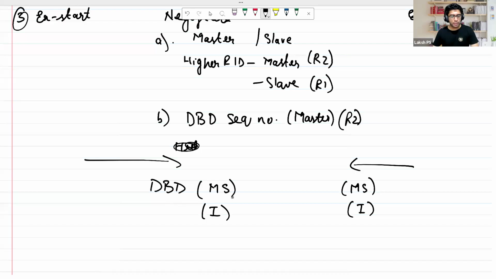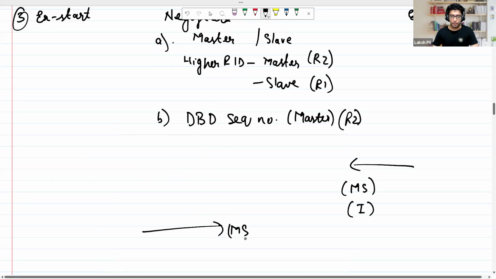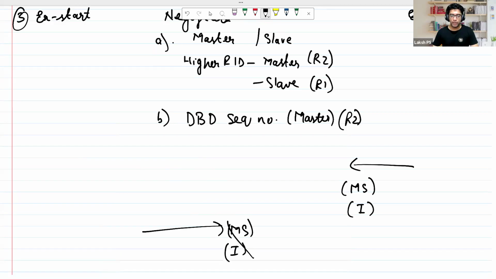But when R1 comes to know that it is not the master, it is the slave, then when the next DBD is exchanged, we'll talk about how DBDs are exchanged in a while, in R1's DBD, this MS bit and this I bit will not be present.